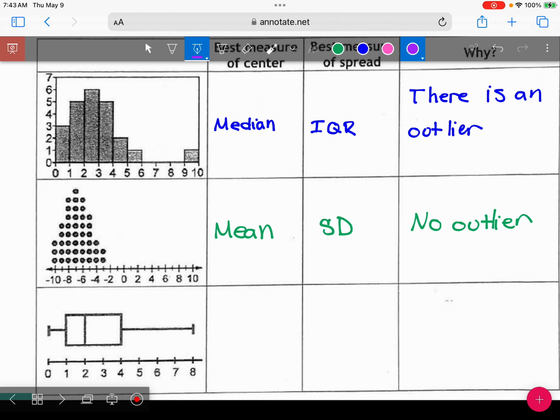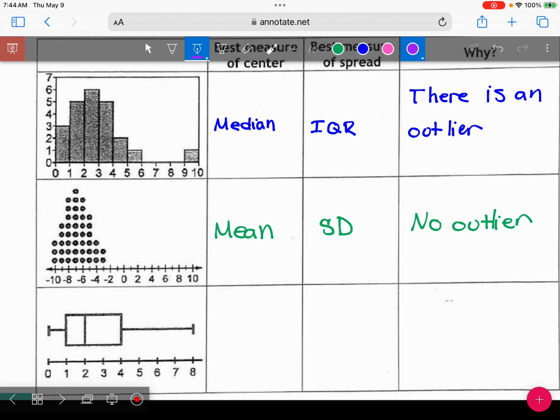What do we think on the bottom one? Mean or median? I'm good with mean. This one's really hard to tell. It's really hard. There is a calculation we can do to figure it out, but we're not going to do that. It's hard to tell what classifies as an outlier.